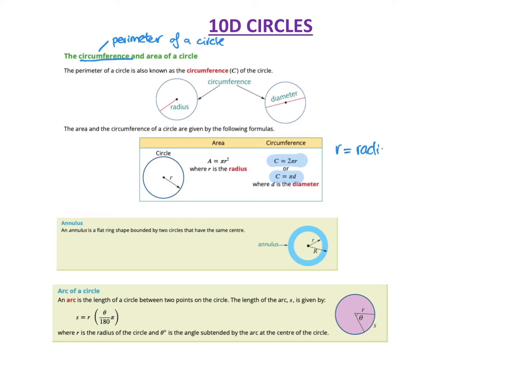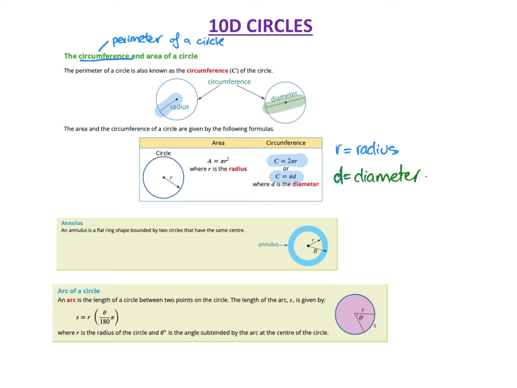So remember the radius is this one here where you're going from the middle to the edge, okay? And the other formula has D in it, which stands for diameter. So diameter is when you're going across the whole circle across like that.